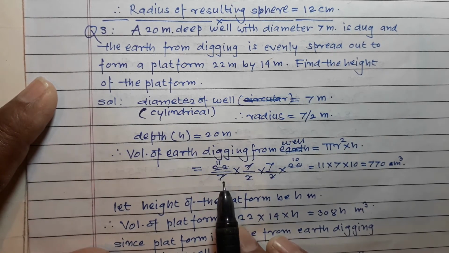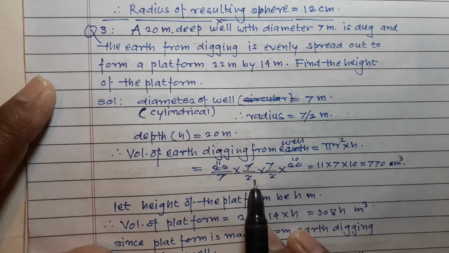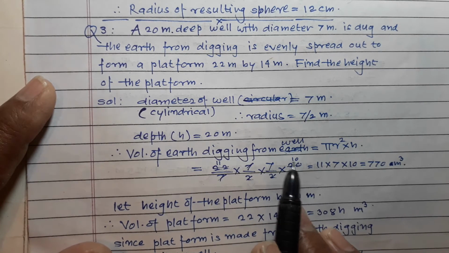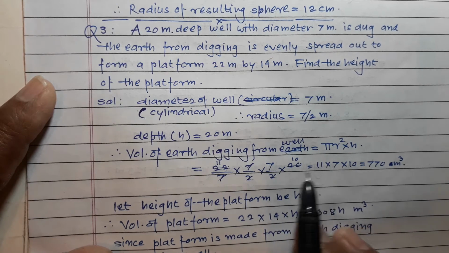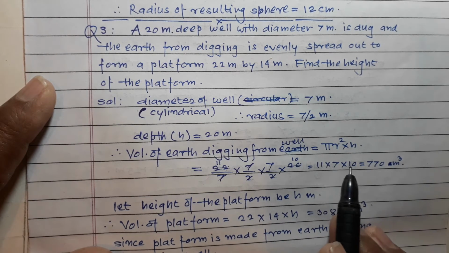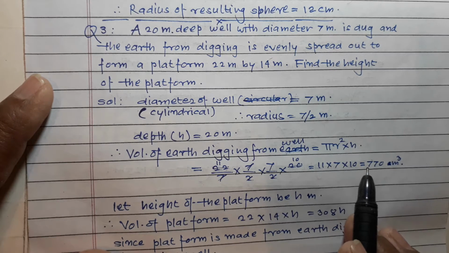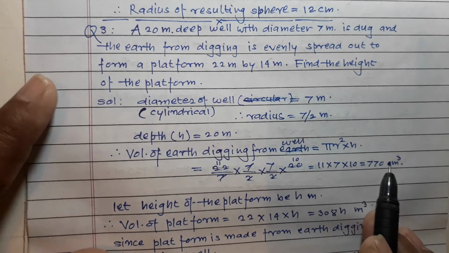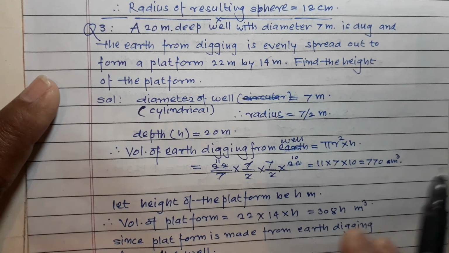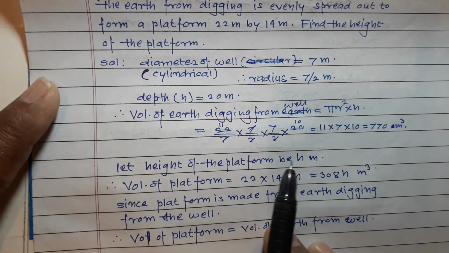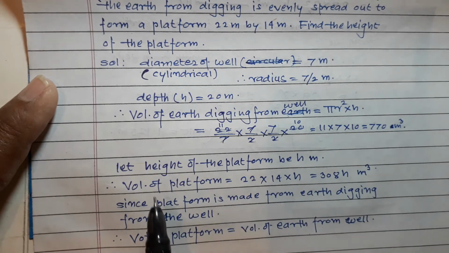So 22 upon 7 into 7 upon 2 into 7 upon 2 into 20. If you simplify this, you will get 11 into 7 into 10, that is 770 meter cube.